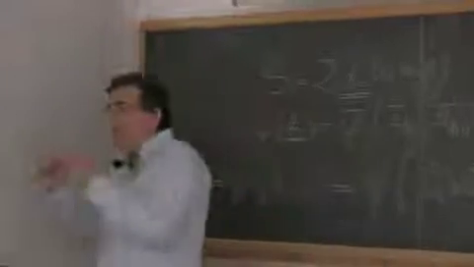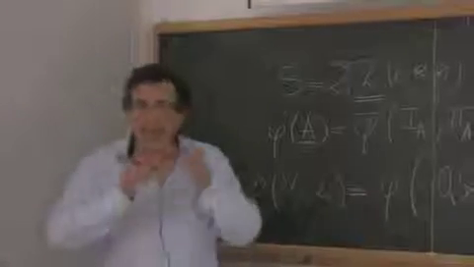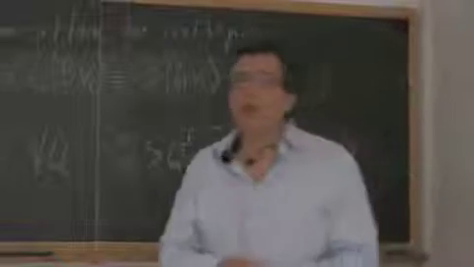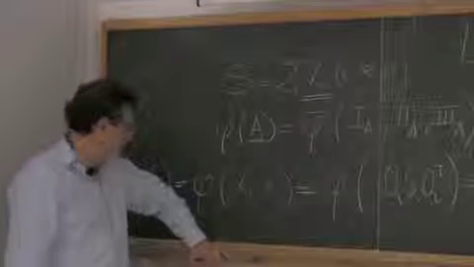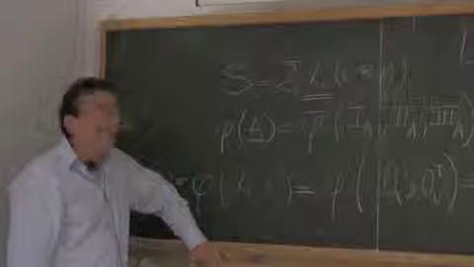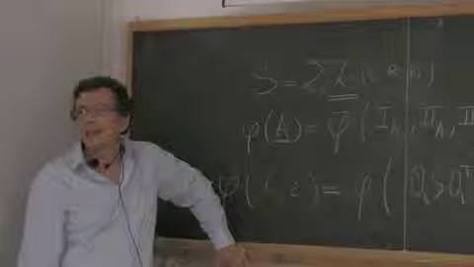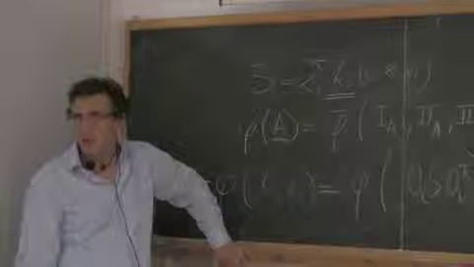So the end of the game is that a scalar function, which is isotropic, can depend only on the eigenvalues.